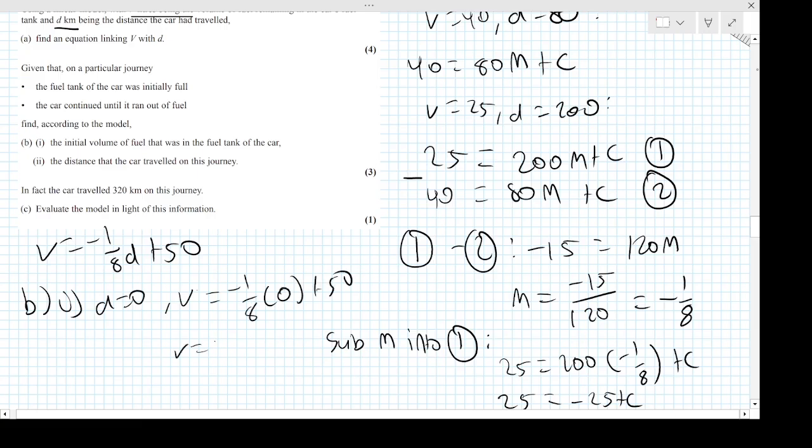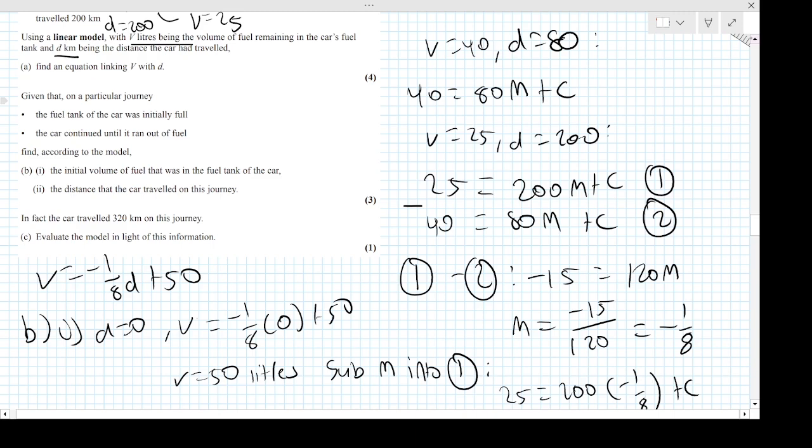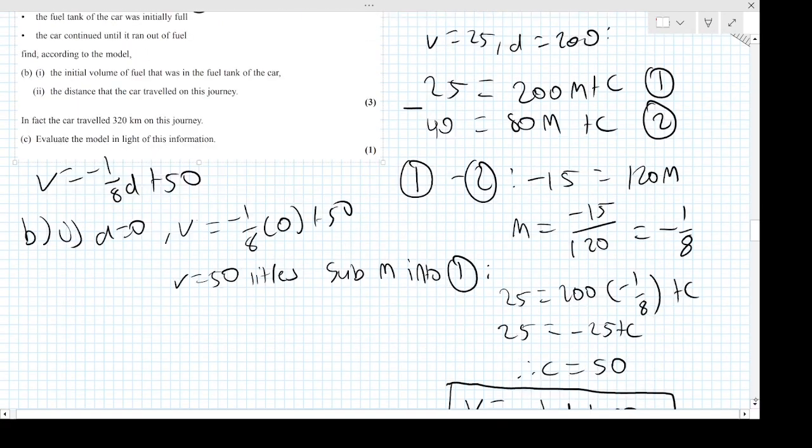But that means V is 50. Okay. And that being litres, remember again, we underlined the units. They're V and d, litres and kilometres. And there we are. So that would be the initial volume, the full volume of fuel in the car.